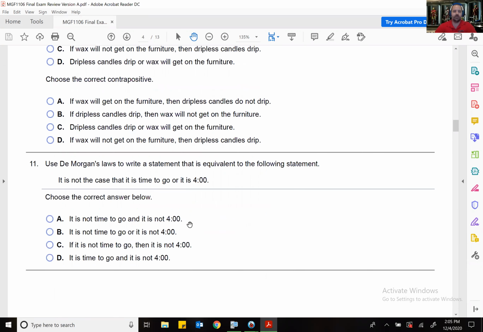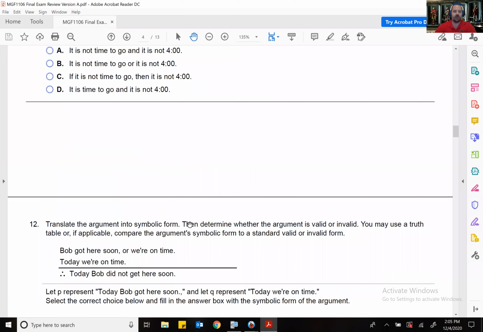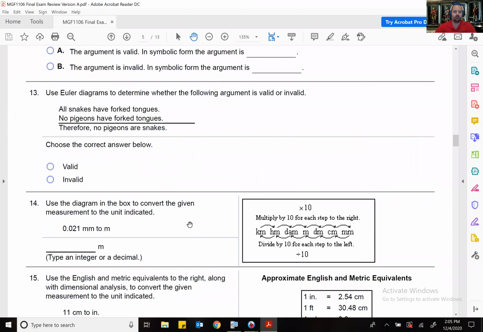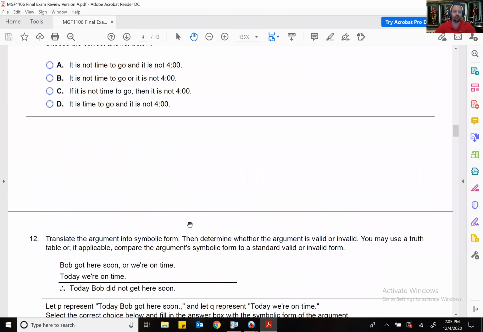All right. The next one says use De Morgan's law. Almost out of chapter 3 now.